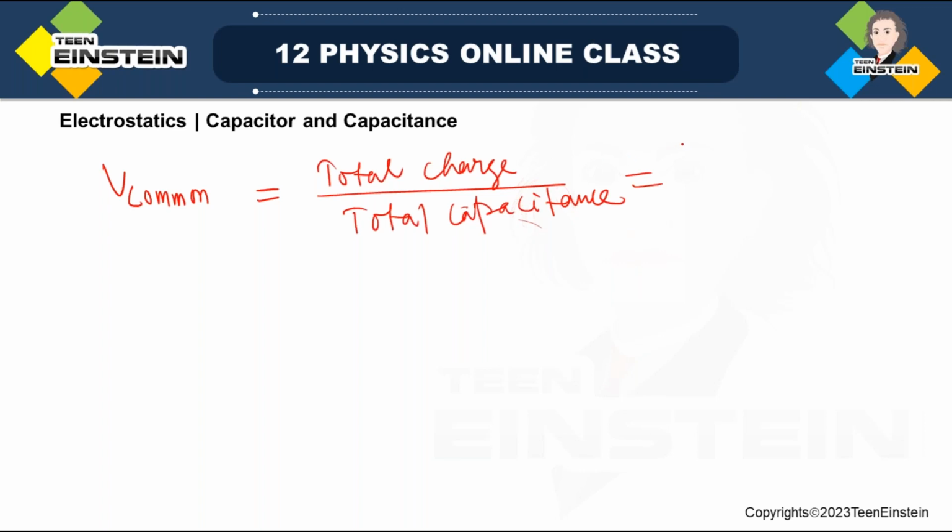So the common potential will be total charge Q1 plus Q2 divided by total capacitance C1 plus C2. Okay, this is the common potential.